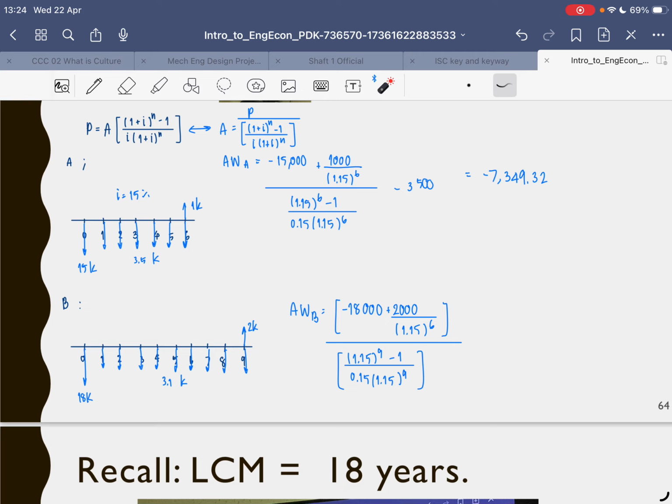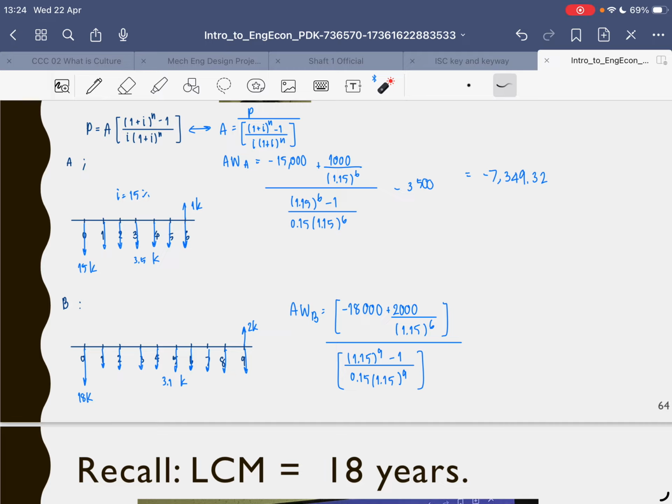The entire thing that I did here is, first of all, I bring this 2K back to time 0 by dividing 2,000 by 1.15 to the power of 9. In a sense, I bring this 2,000 back to time 0, and then I divide by these factors. It's the same thing: I distribute the present value throughout the 9 years of the period.